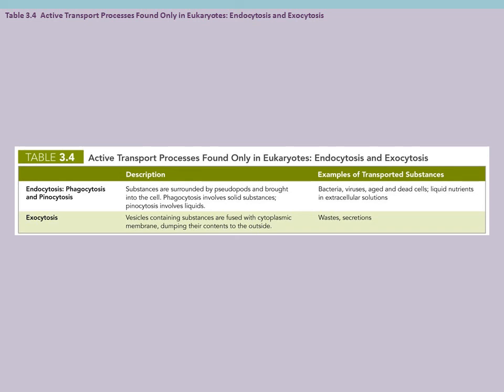In that previous picture, you can't move that paramecium across the membrane. It's way too big. Phagocytosis is essentially cell eating, so that's what we saw. Pinocytosis is with fluid. Exocytosis is the opposite, where you're taking waste products inside the cell and expelling it, secreting it, pushing it out of the cell.